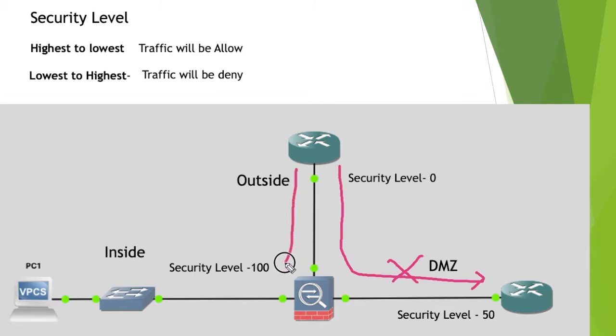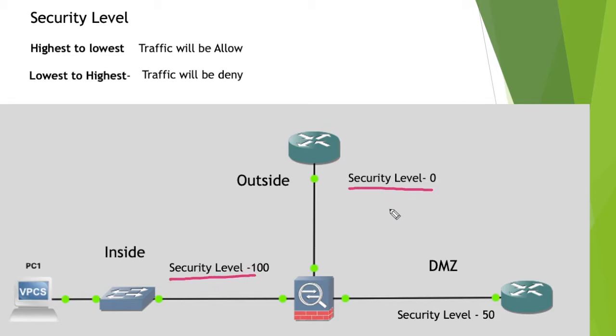Outside to inside traffic will not be allowed. DMZ to inside traffic will not be allowed, because by default highest security level to lowest security level traffic is allowed, and lowest security level to highest security level traffic is denied.